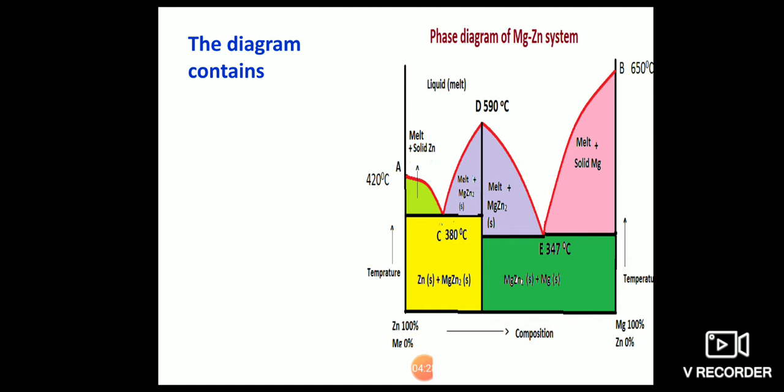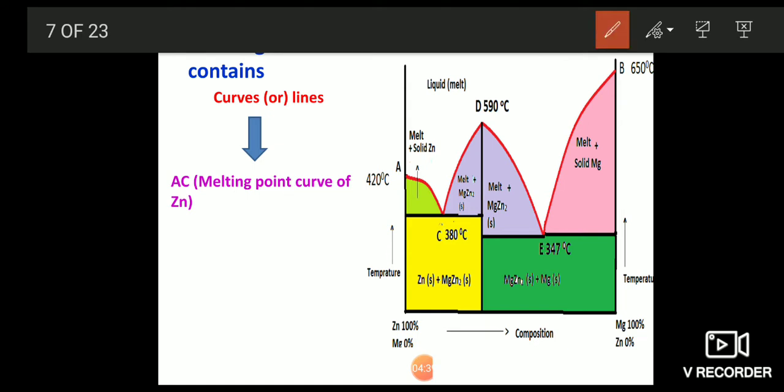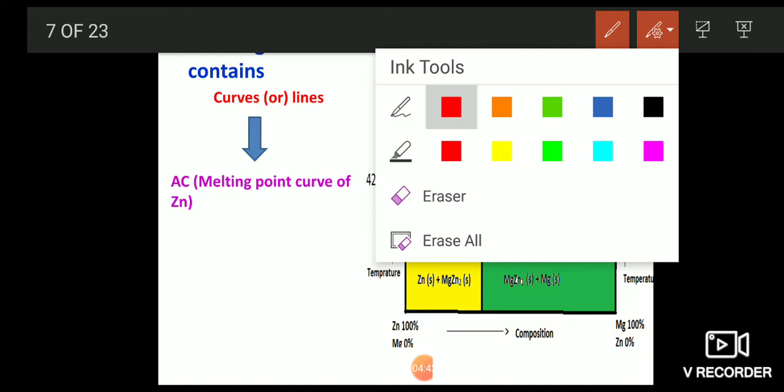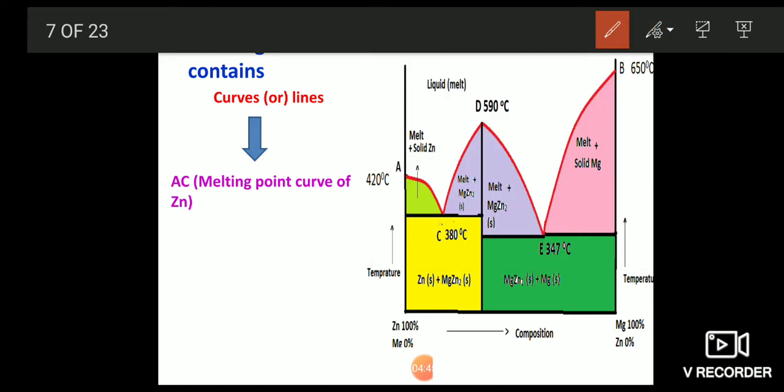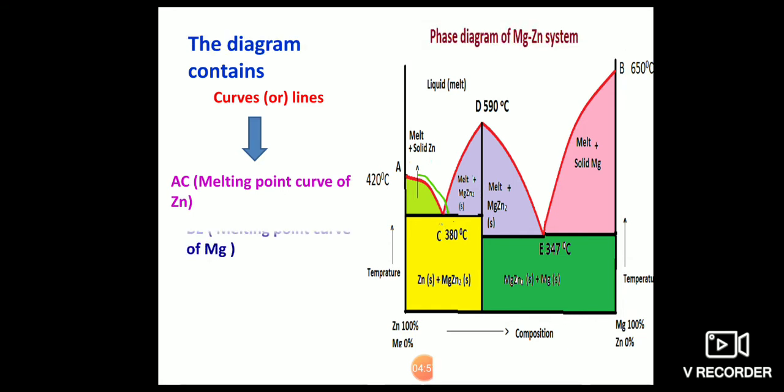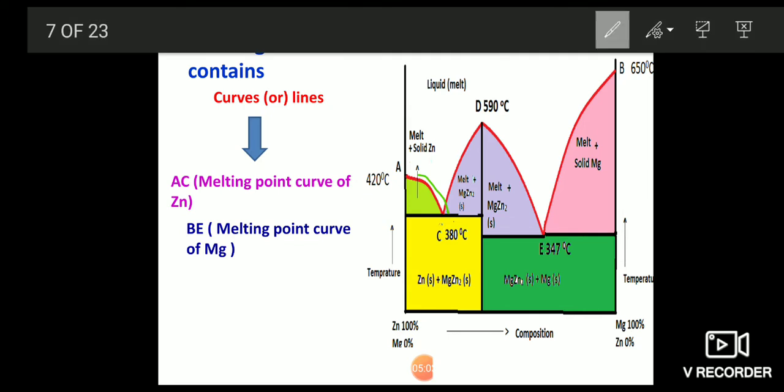So this diagram contains curves or lines, which are AC, melting point curve of zinc. This is the first curve. Next, BE, melting point curve of magnesium.